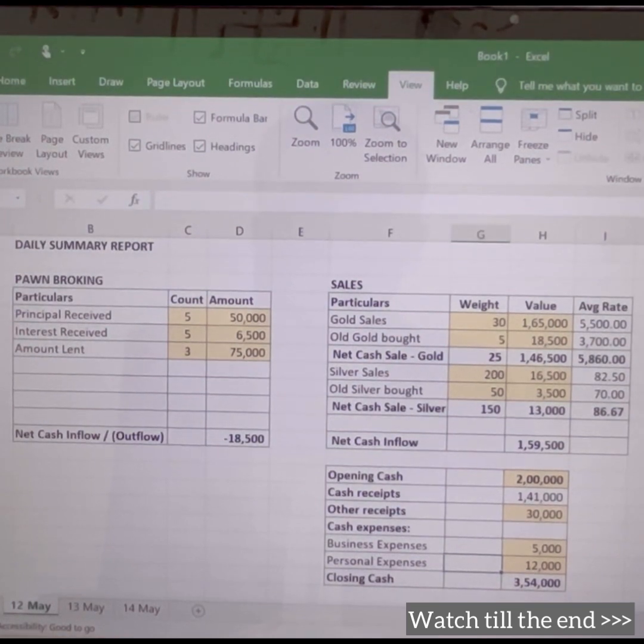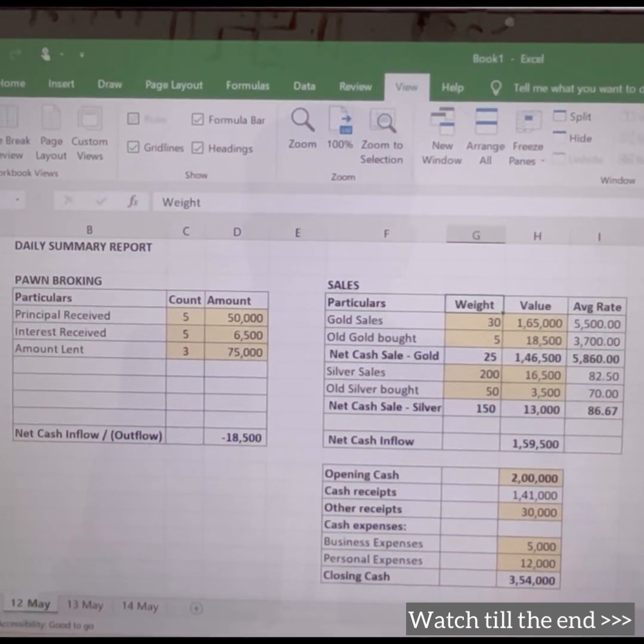So now this is the data that you have recorded for one day, and if you keep doing it on a daily basis, at the end of each month, when you consolidate the entire data, you will come to know what is the business that you have done, what is the total principal you have received during the month, what is the total interest you have received, what is the amount you have lent, the data of the entire sales you have done during the month in weight and in value.